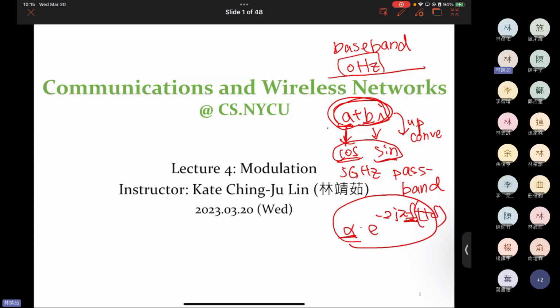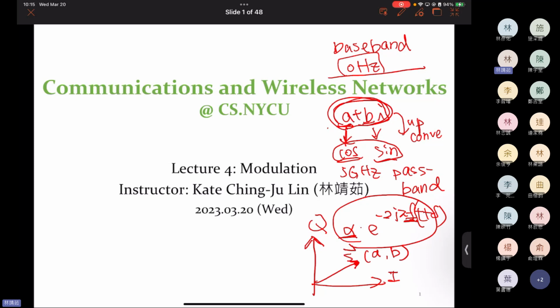Okay, and last time we also said there is a very important diagram called the constellation diagram. So this is the real axis, this is the imaginary axis. Once you transmit A plus BI, it actually means that you transmit the real number A and the imaginary number B. So this vector is actually what you send.